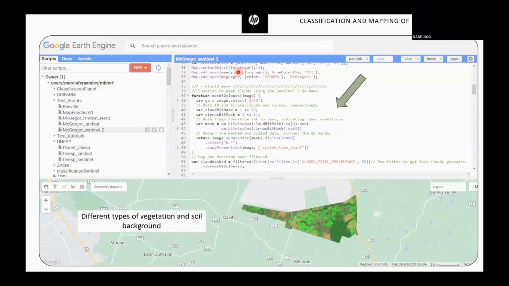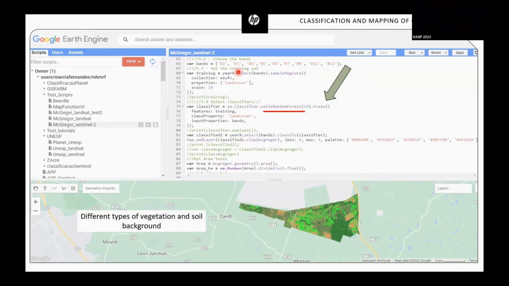And satellites are sensors, so to use their final data in your model, you need to perform a lot of corrections, and one of those corrections is related to the cloud and shadow of the areas. And in this coding, we use random forest classification to classify the areas. This is regarding types of vegetation and soil background.